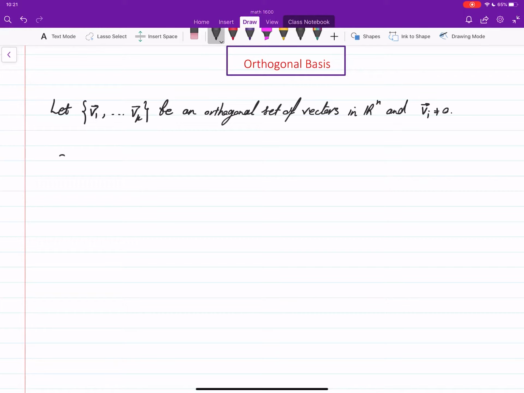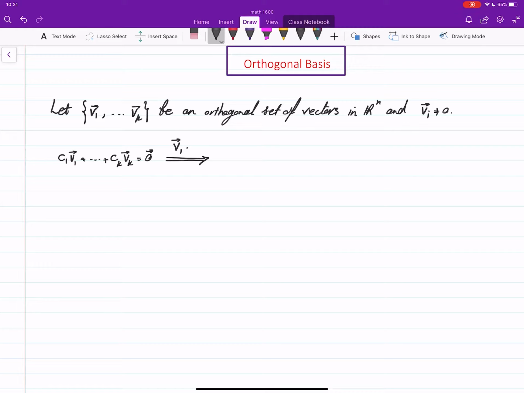Means what? Means that if we have a linear combination of these vectors which is equal to the zero vector, then I need to prove that the coefficients are going to be equal to zero for such a linear combination. To prove it, we are going to dot product both sides of this equation by v1.